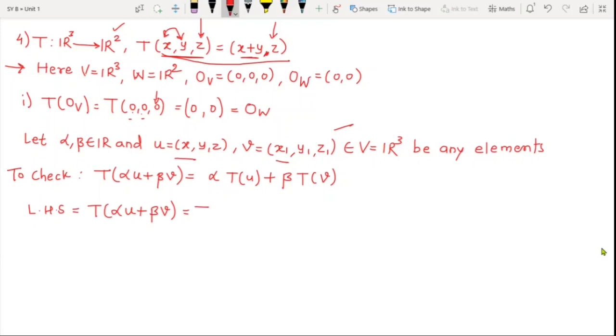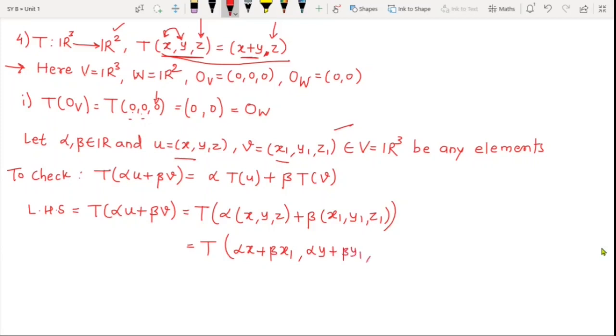This is equal to T of alpha times (x, y, z) plus beta times (x1, y1, z1), which is further equal to T of, now put alpha inside, beta inside: first coordinate alpha x plus beta x1, second coordinate alpha y plus beta y1, last coordinate alpha z plus beta z1.